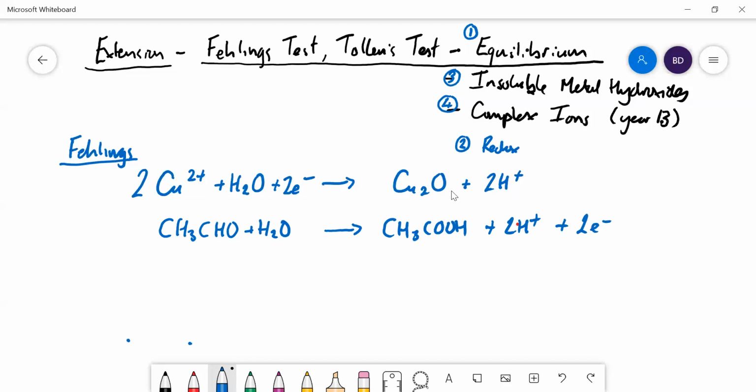So what I'm going to do is combine those 2 equations into a full equation. That's quite easy because there are 2 electrons there and 2 electrons there, so we don't need to do any multiplying.